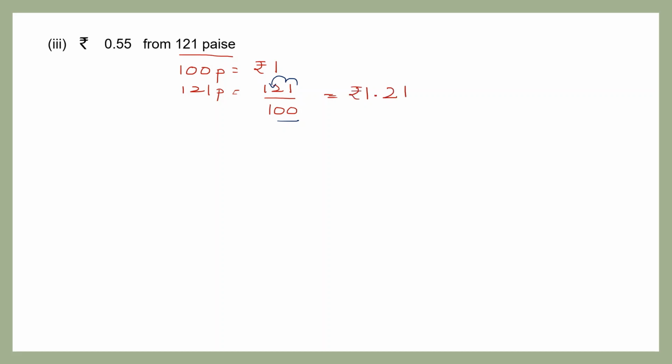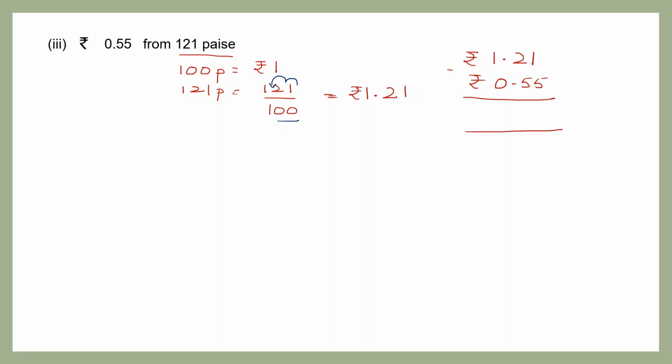Okay, now I need to do the subtraction. Let me do the subtraction here. So the first number, I need to subtract 0.55 from the second number. So let me write the second number first. Rupee 1.21 and the second one is rupee 0.55. Now subtract the two.